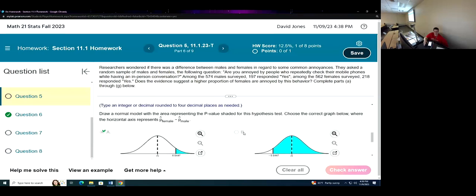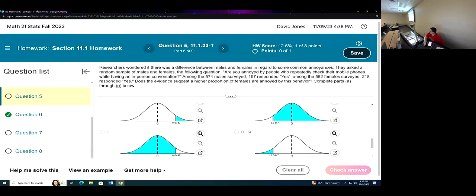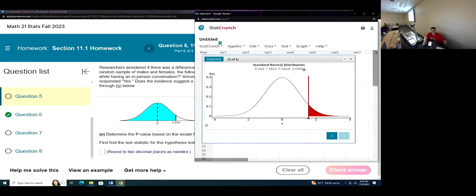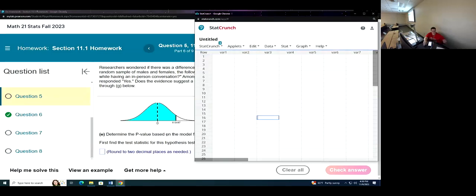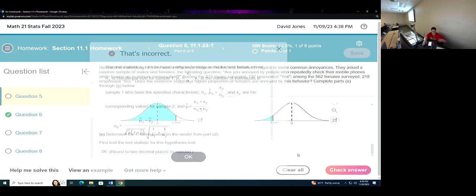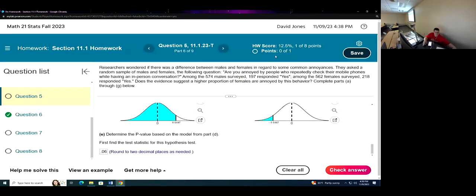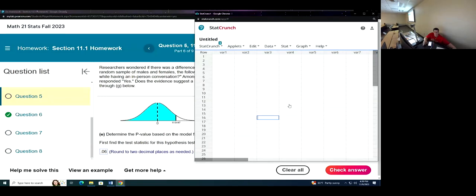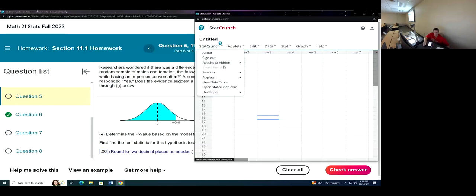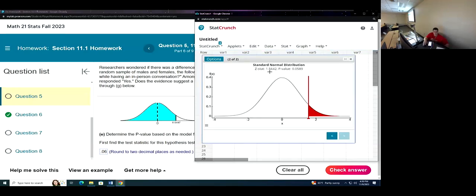They're like, draw the model, don't use the p-value that we give you. That's why they didn't even have it yet. So we got our p-value. Our p-value, oh, where is it? 0.0589. To 2 decimal places it is 0.06. Oh, test stat. They wanted to test that first. Close it. 1.56.